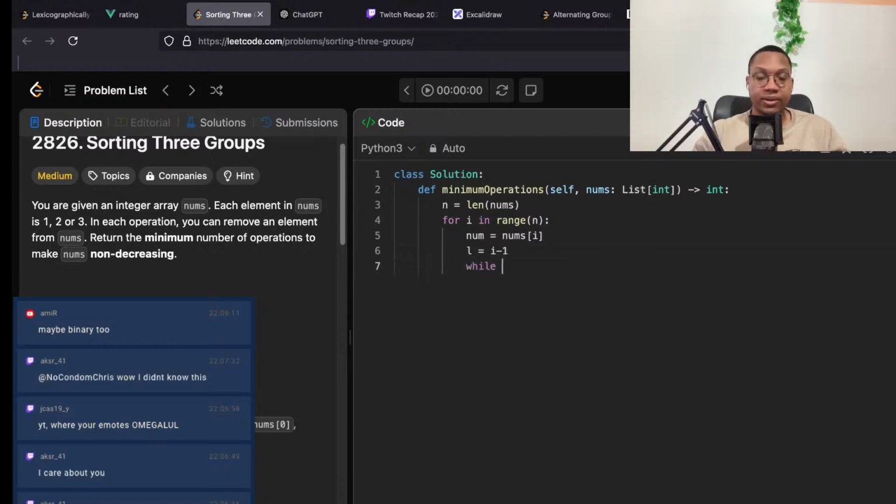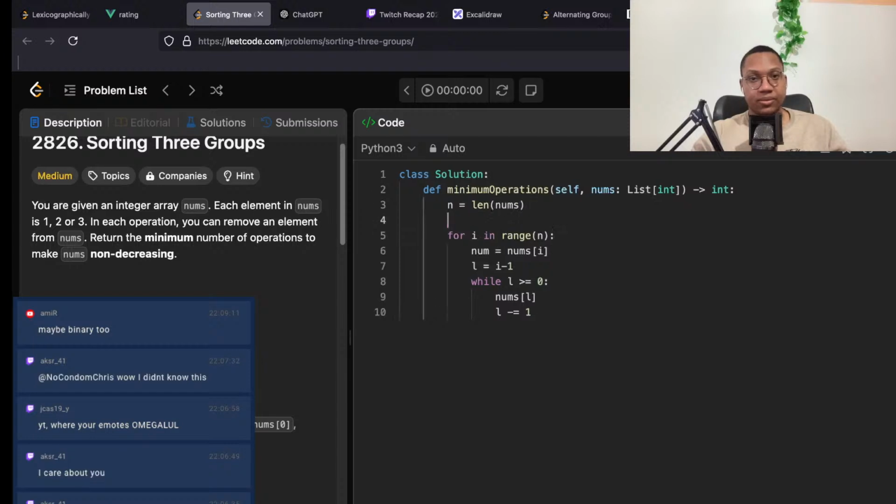while left greater than 0, nums at left, left minus equals 1. We want to do, let's see here. Answer is math.infinity.